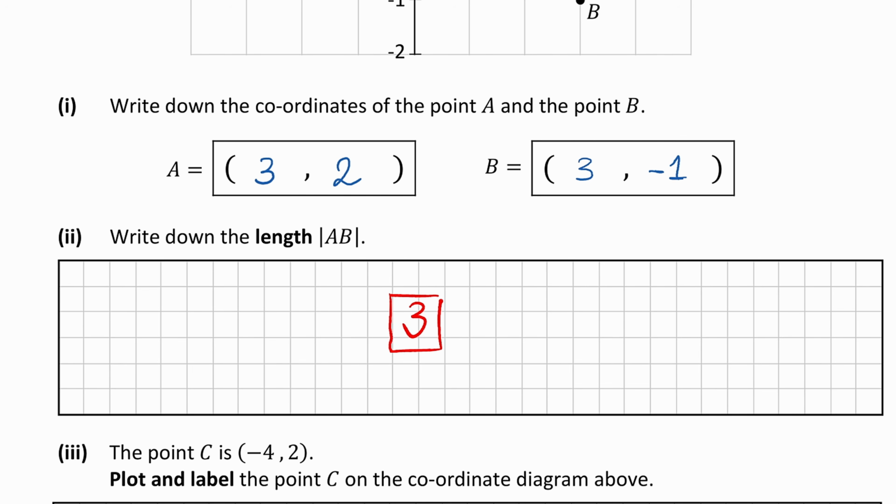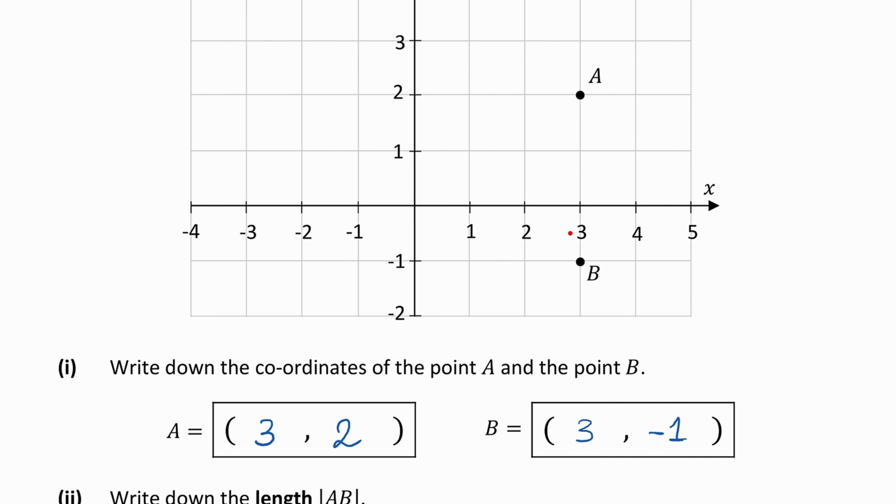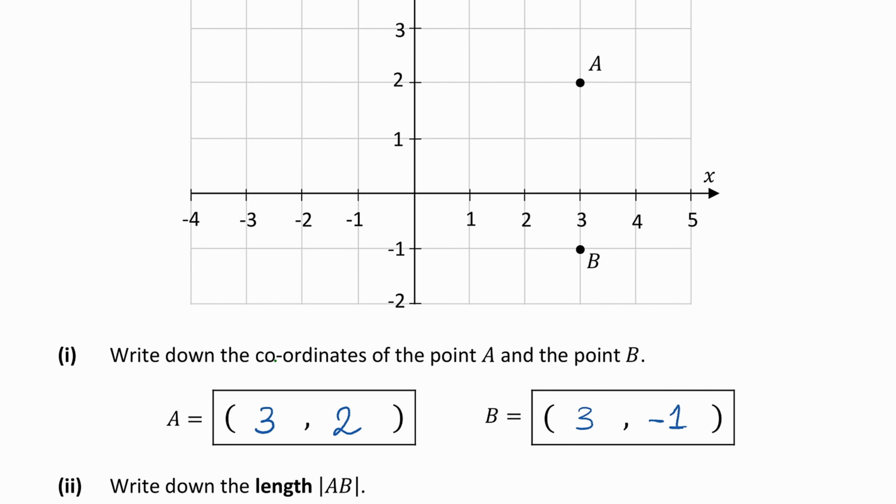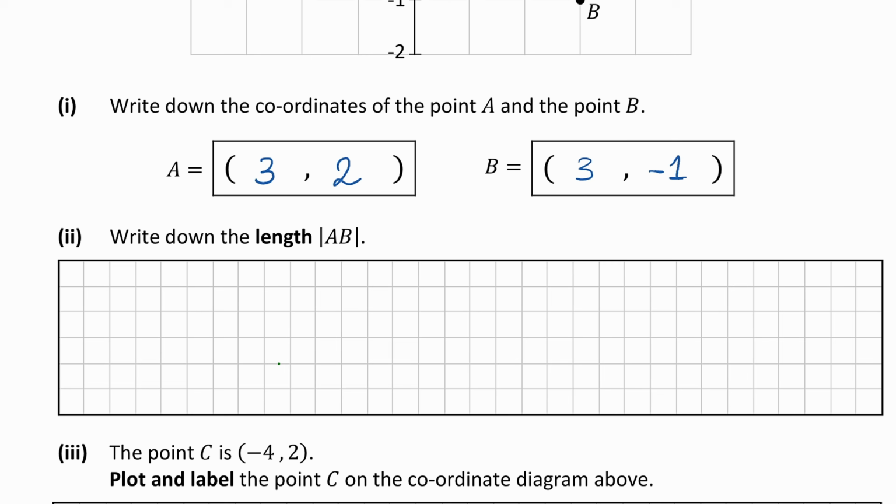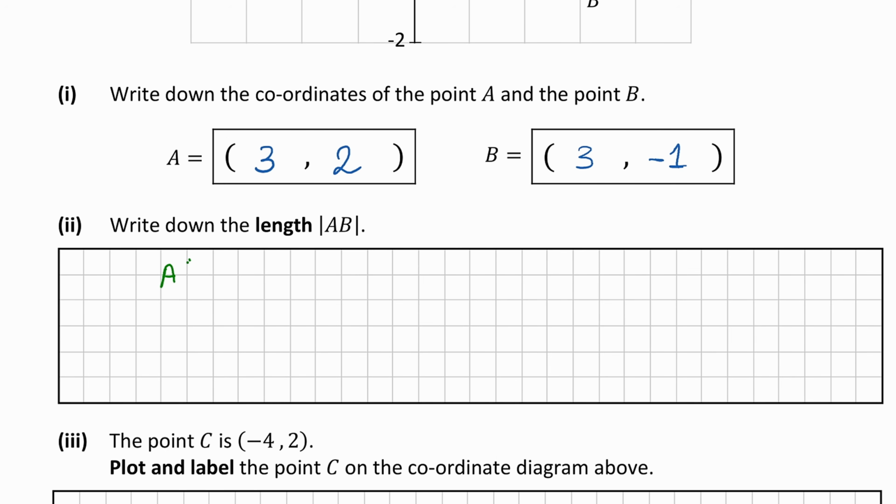But we also have another way to find the solution, by using the formula to find the length between two points, A and B, from the diagram. Let's use the formula for that. Point A has coordinates 3, 2, and point B has coordinates 3 and -1.